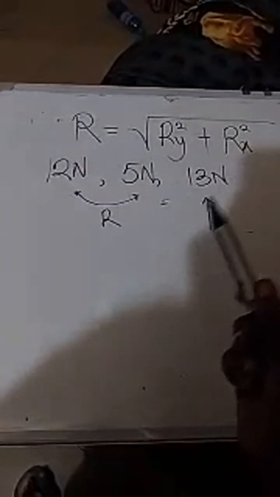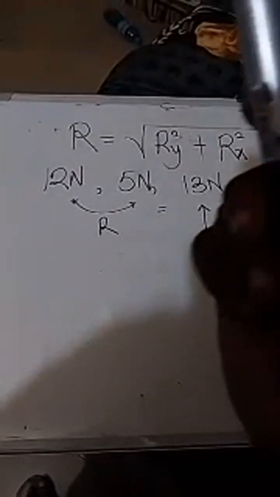Now, there's a law that states that if I use this formula you are looking at right now to solve for 12 Newton and 5 Newton, and I get 13 Newton as my answer, automatically, listen up, the angle between 12 and 5 becomes 90 degrees. But if I don't get the answer to be 13 Newton, I would have to go further and apply another principle. Now, before we apply this principle, let us see if 12 Newton and 5 Newton will give us 13 Newton.